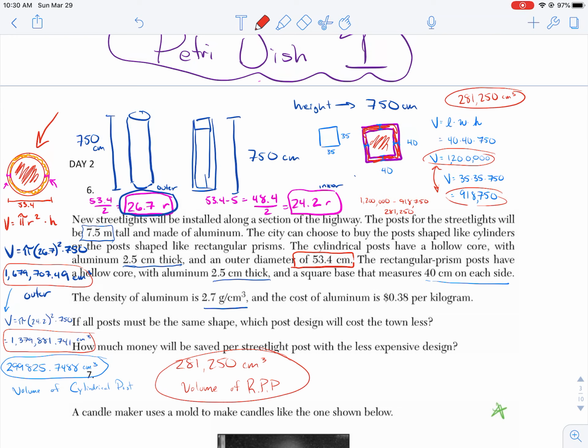Okay? Alright. So last part. We found the density. Now, if all posts must be made the same, which post will cost the town less? So clearly, it'll be the one that has the lowest volume. Okay? So as you can see, the volume of the rectangular prism post will probably be your best way to go here. This would be the one, it's got the smallest volume.